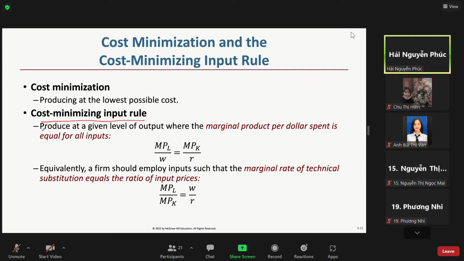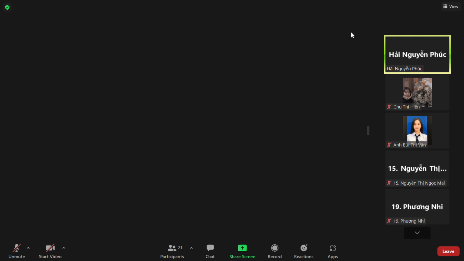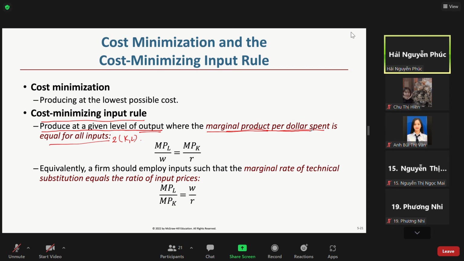The manager of the firm should choose the level of inputs, at a given level of output, where the marginal product per dollar spent is equal for all inputs. So we have two inputs, K and L. The marginal product per dollar spent on capital should be equal to the marginal product per dollar spent on labor.